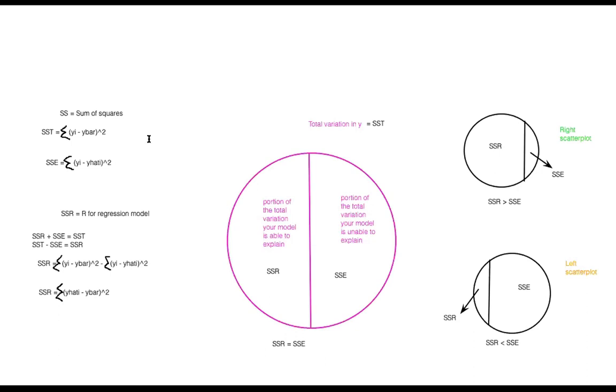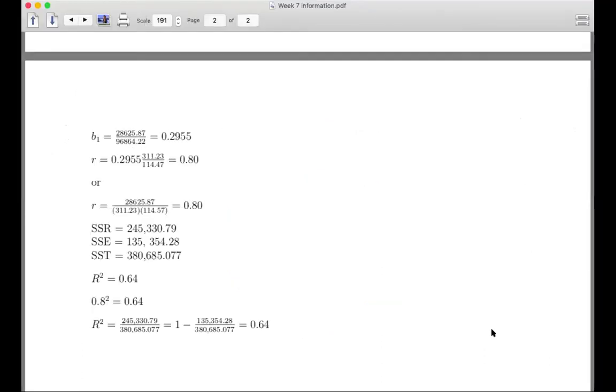Actually, before we do that, let me tell you what the SSR, SSE, and SST values are. I think it's better to do that after the break and do it together. Now if I were to give you the SSR, SSE, and SST values, I've already written them down here on that PDF file.